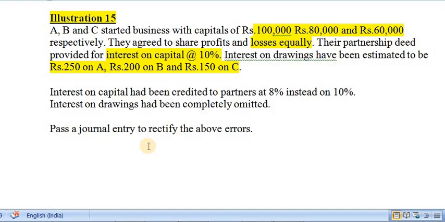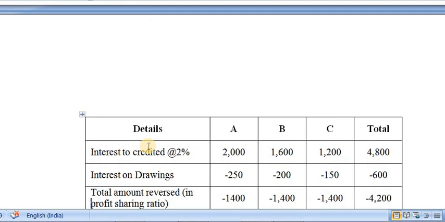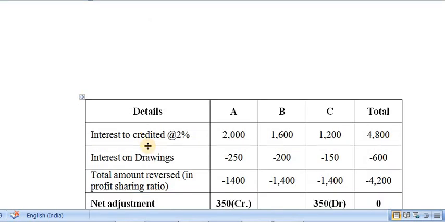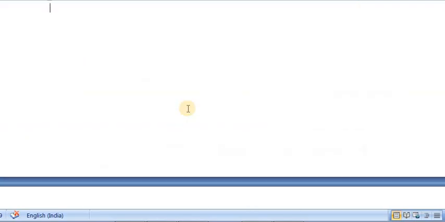Interest to be credited at 2%. Give them 2% of interest. Interest on drawings, 250, 200 and 150. So the amount to be reversed in the profit sharing ratio. Now we have to reverse 4,200. This is the point. You have to calculate it separately. 2%, because in place of 10% we gave 8%.